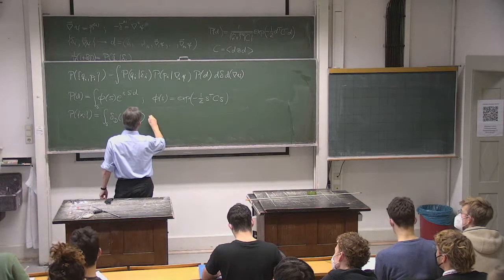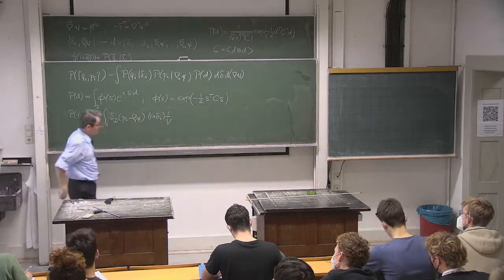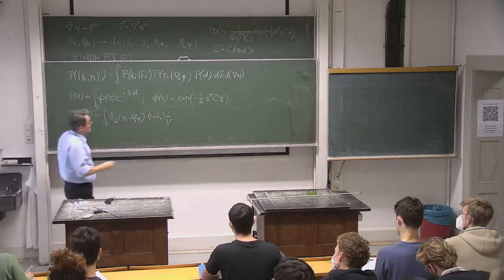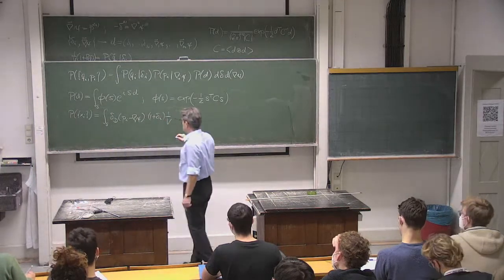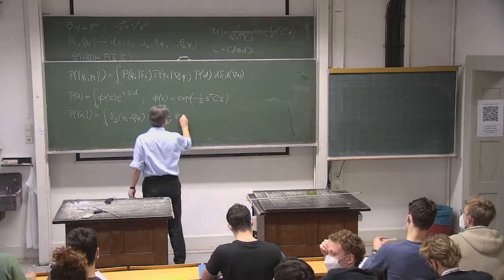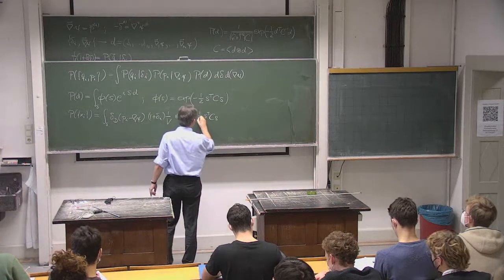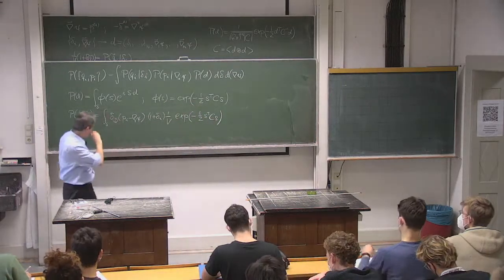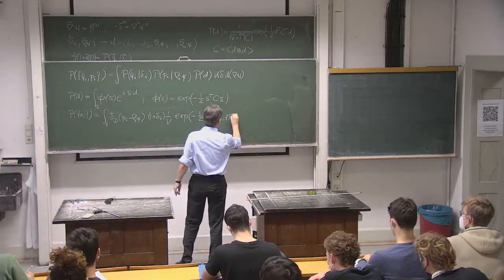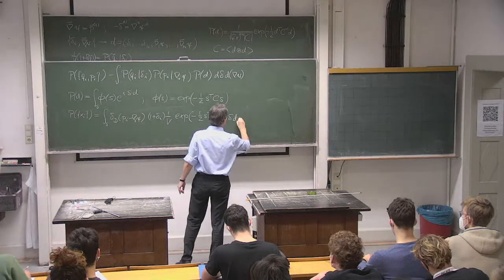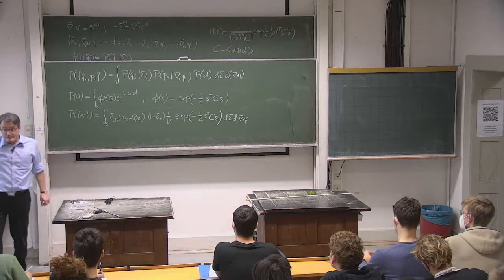Let me just write this like this. And now I can immediately apply the characteristic function. And now I have to integrate over all the nuisance variables, right? D delta and D grad psi.